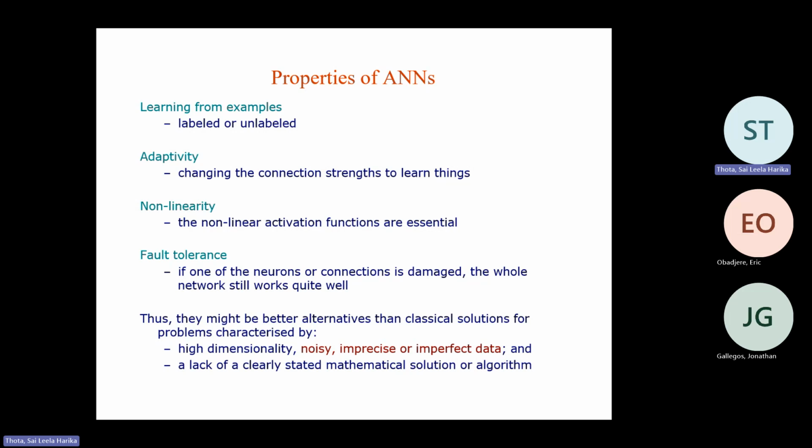And that is the reason that, at the base itself, when developing artificial neural networks, they include non-linearity instead of linearity. And next, fault tolerance. We have a lot of neurons and they are highly connected, so if one of the neurons or connections is damaged, the whole network still works.